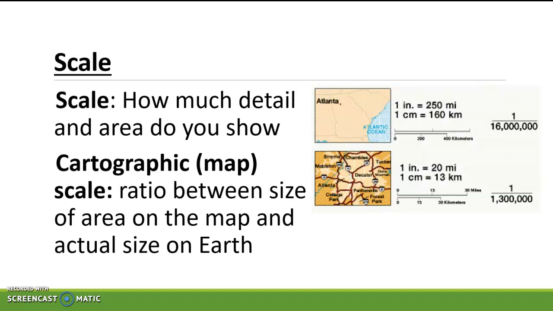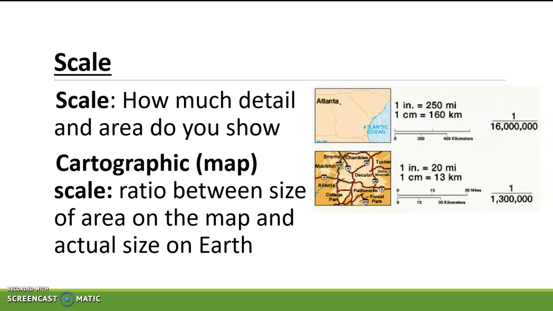All right, we're going to be getting into scale now, and you may see a few questions on your first assessment in relation to scale, so make sure that you understand it. It's pretty simple to understand, but a lot of people make mistakes because they don't quite understand it. So when we're looking at scale, we're looking at how much detail and area you're going to be showing.